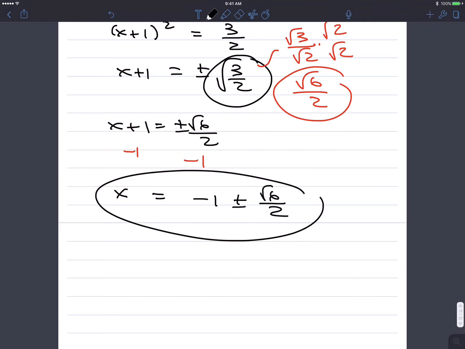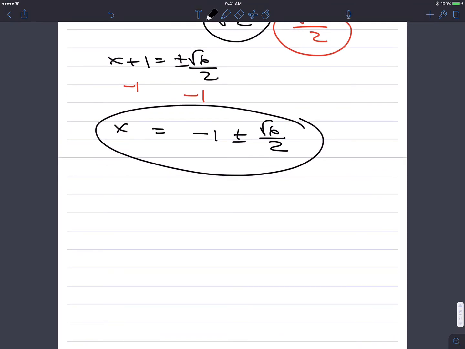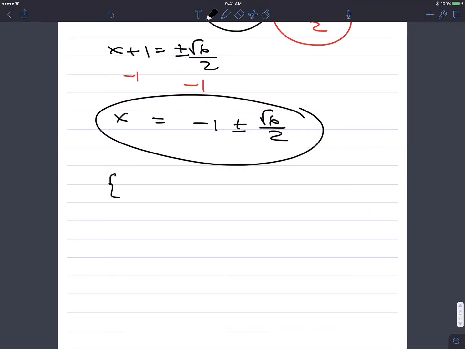And we are done as an answer. Solution set will look like this: negative 1 plus the square root of 6 over 2, negative 1 minus the square root of 6 over 2. And that's how we handle when you have this a value. So it leaves us to 39.